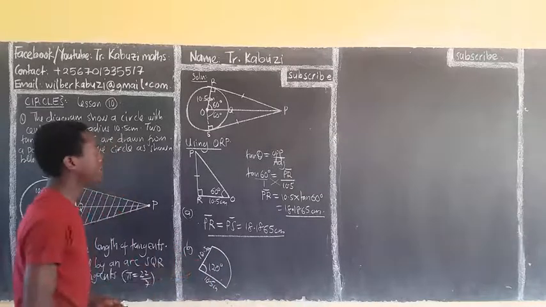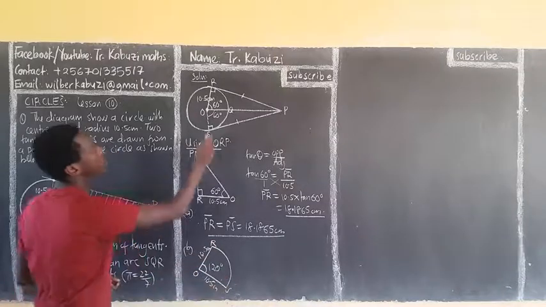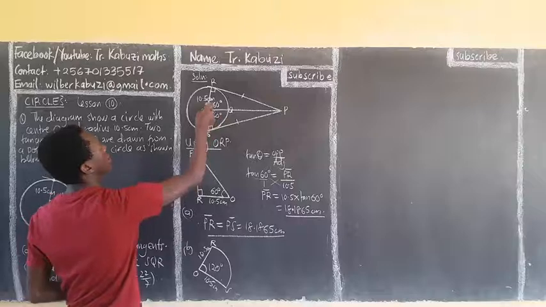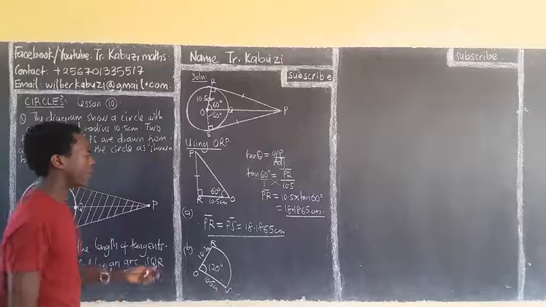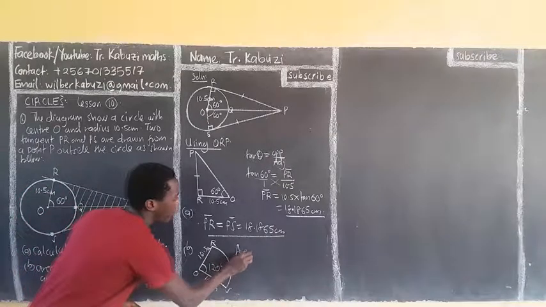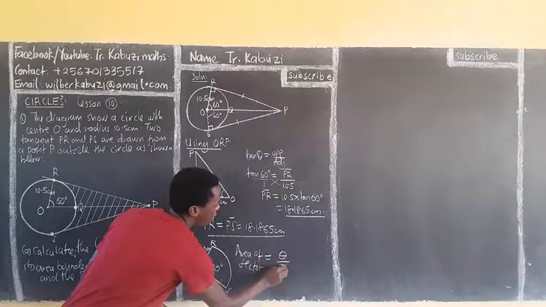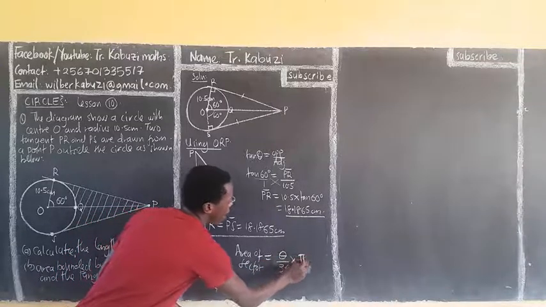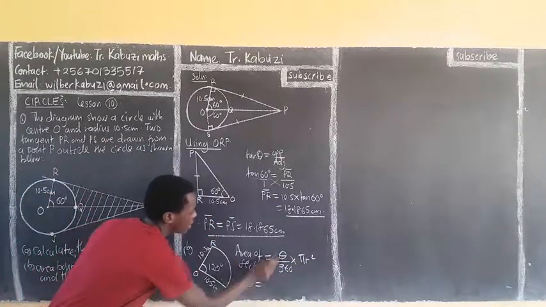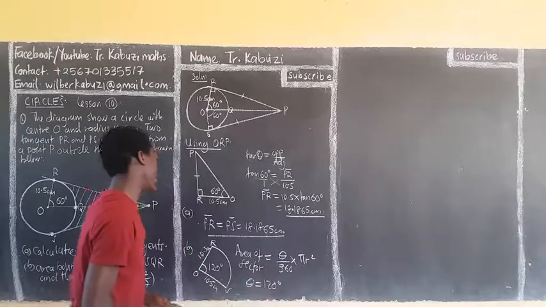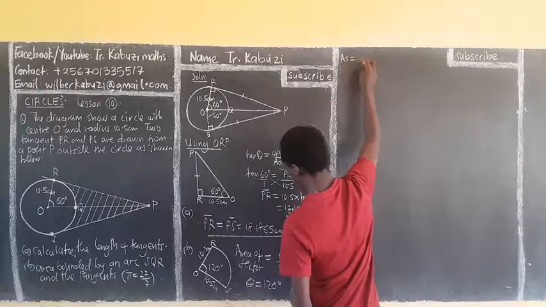So if you have to get the sector ORS, you know that the area of the sector is equal to the angle at the center over 360, times pi r squared. So our theta from here is 120 degrees.